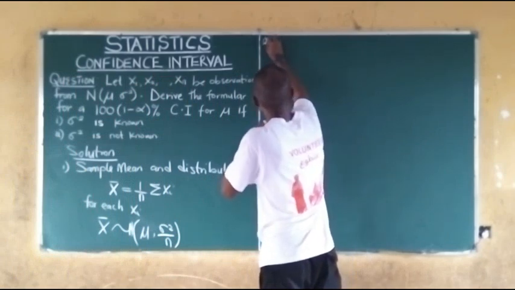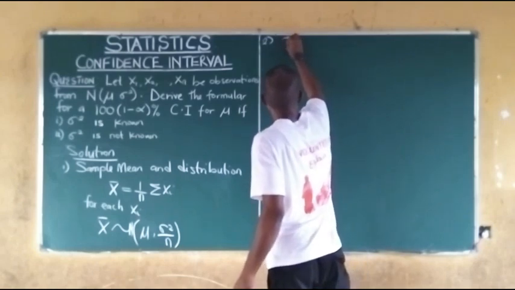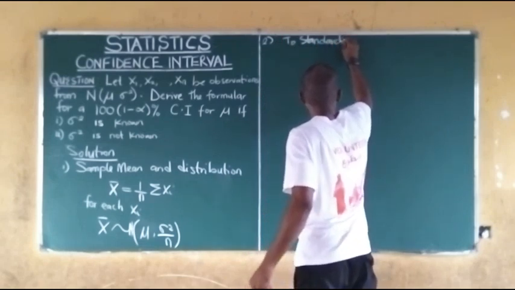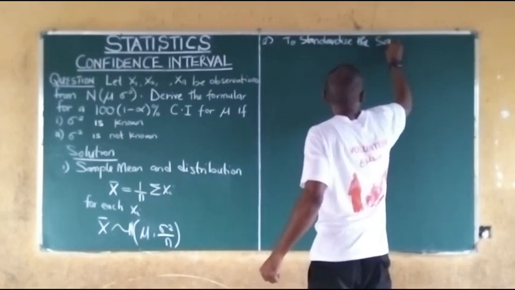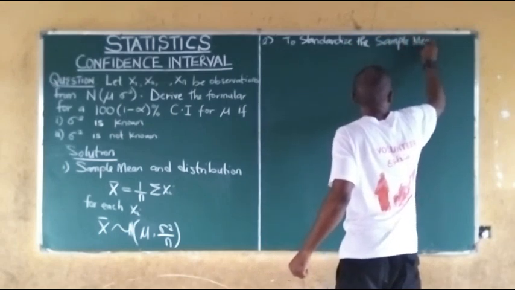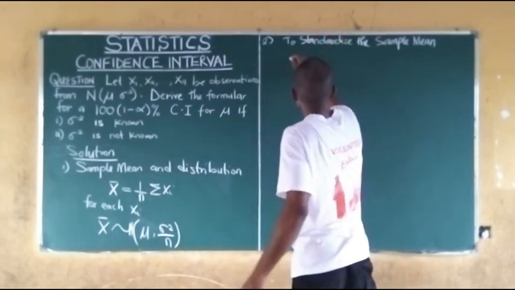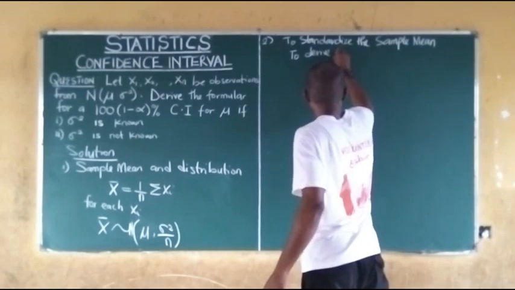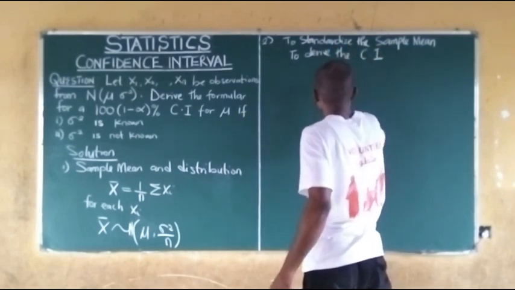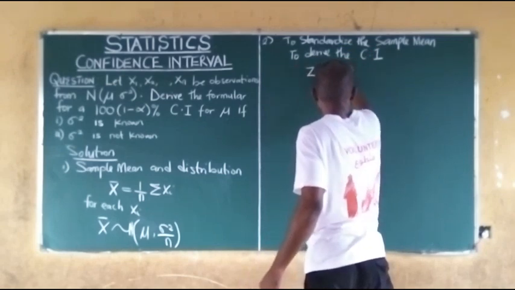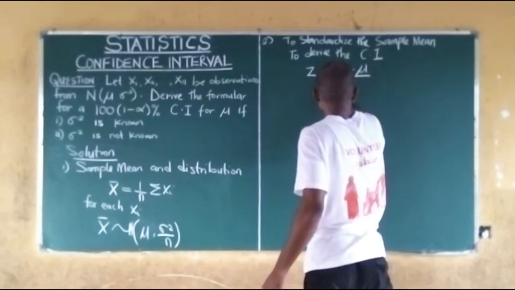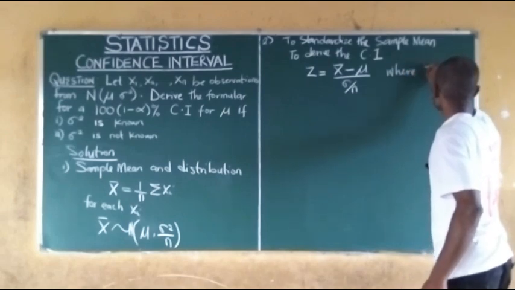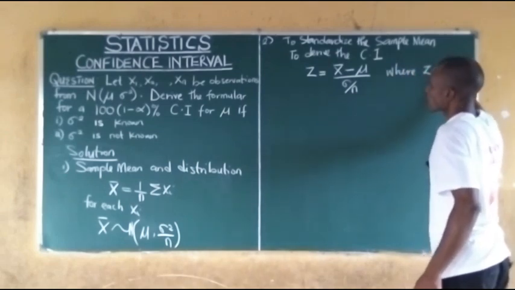Then number two, to standardize the sample mean, to derive the confidence interval, we'll have that z is equal to x bar minus mu over sigma squared over n, where z follows a normal distribution of 0 and 1.